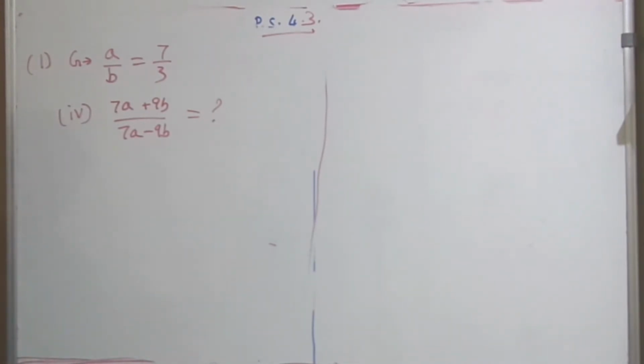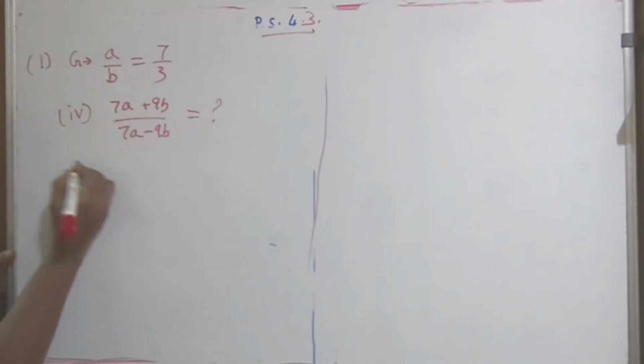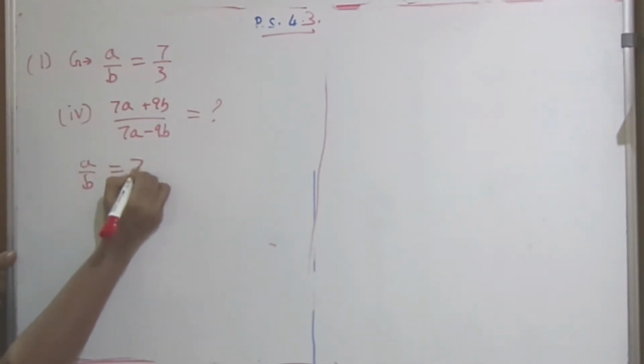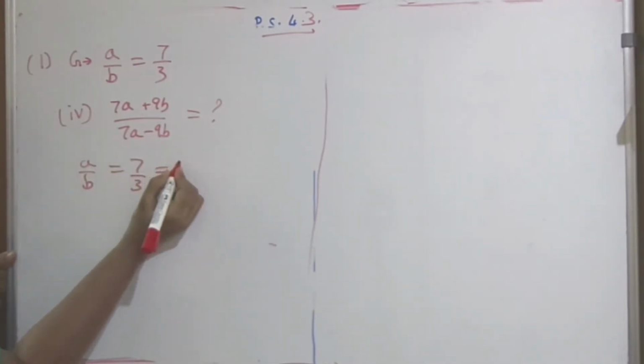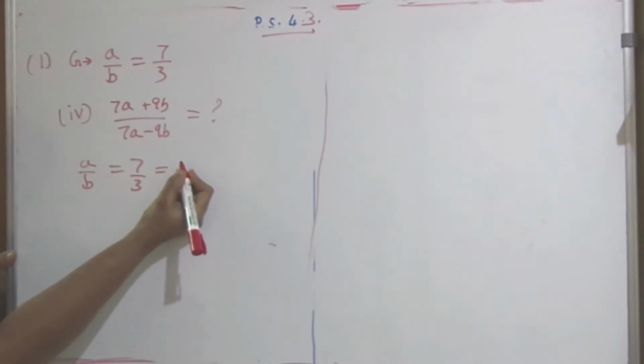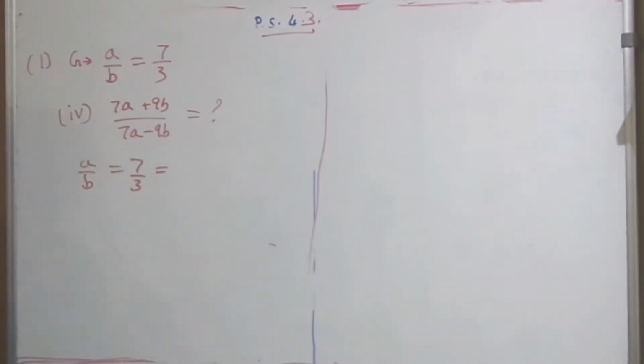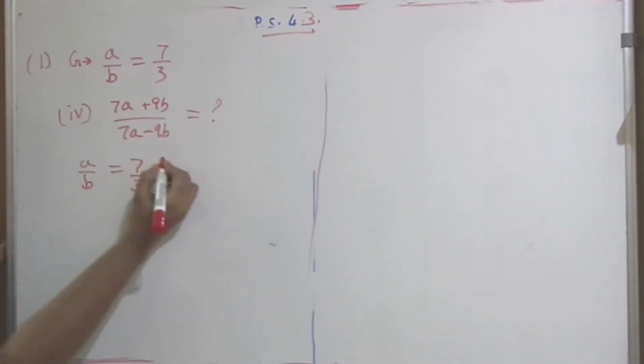You can do it in many ways. A upon B is equal to 7 upon 3. Let us assume it is equal to k. Okay, this is given.